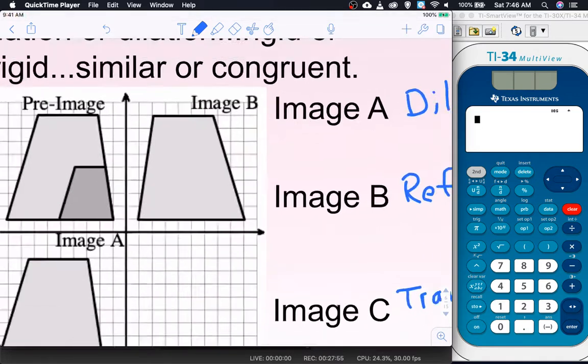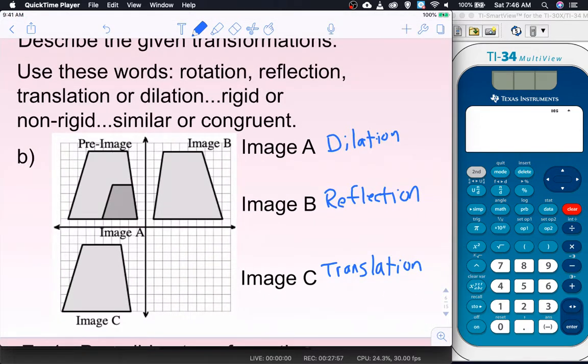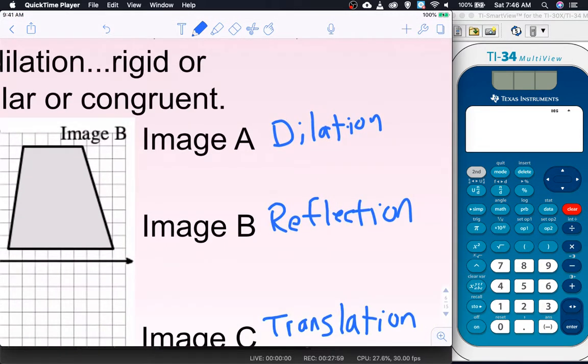So he is half the size of the original. So it's a dilation with scale factor r equals 1/2.